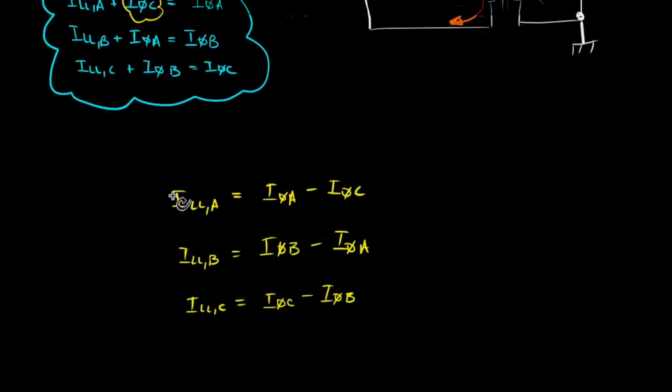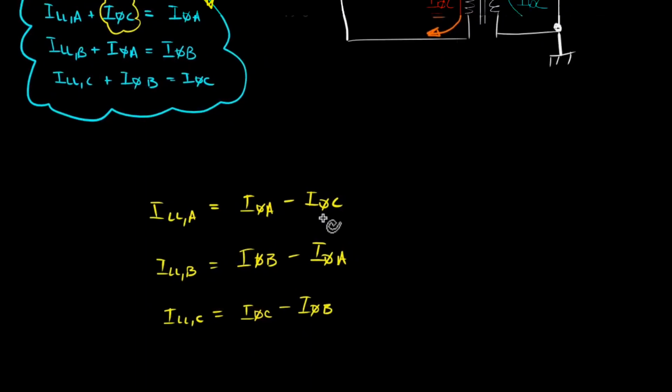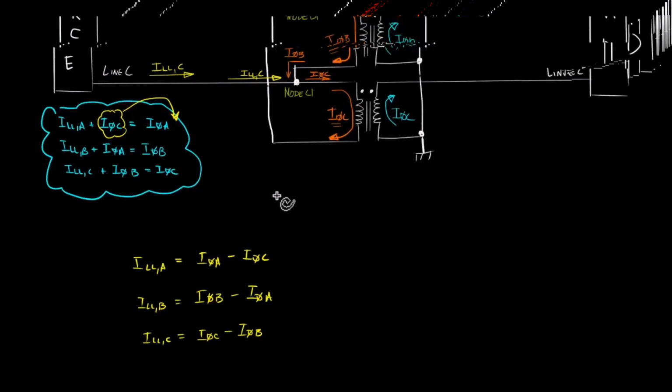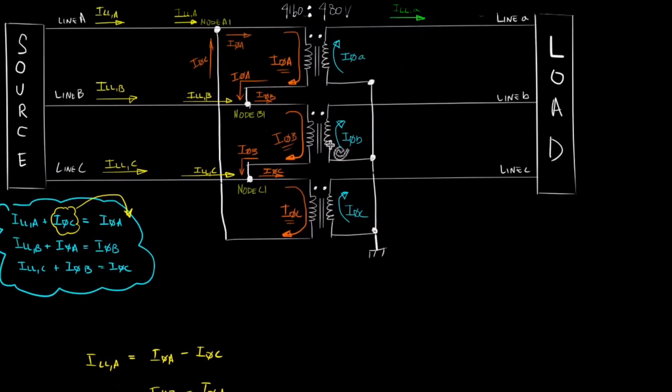Okay, so now that we've written our equations like this, let's define our phase values. Our phase values are the currents that are flowing through our winding. So we're going to define what our phase A current is going to look like, and define phase B and phase C currents, and create a balanced system.